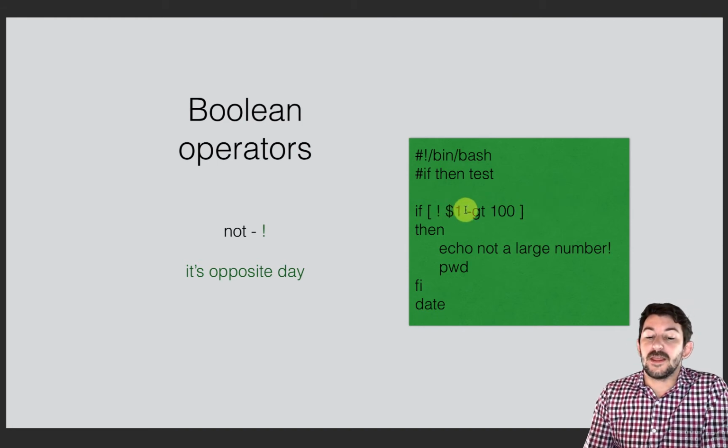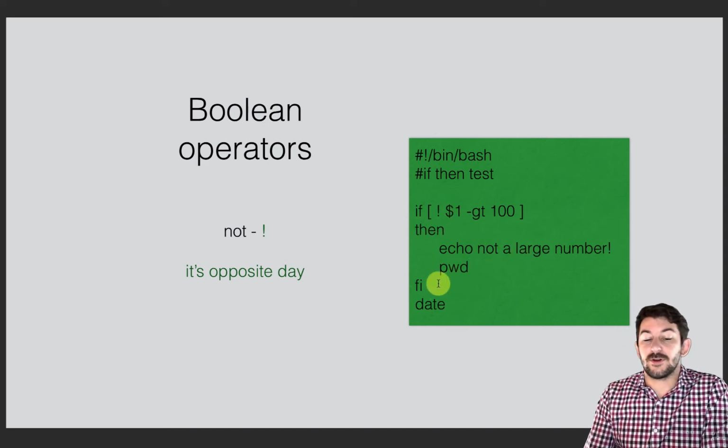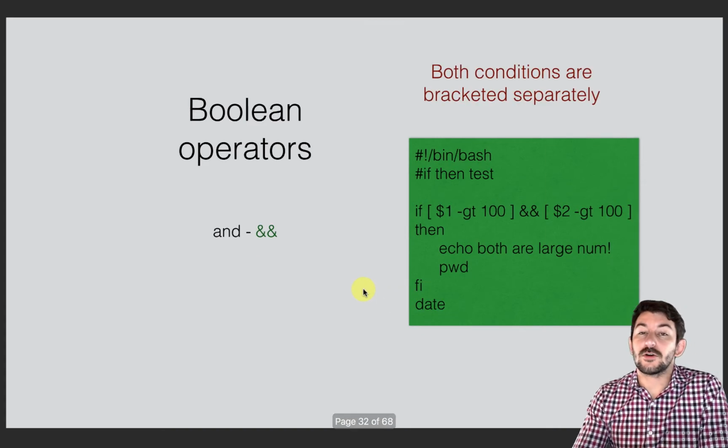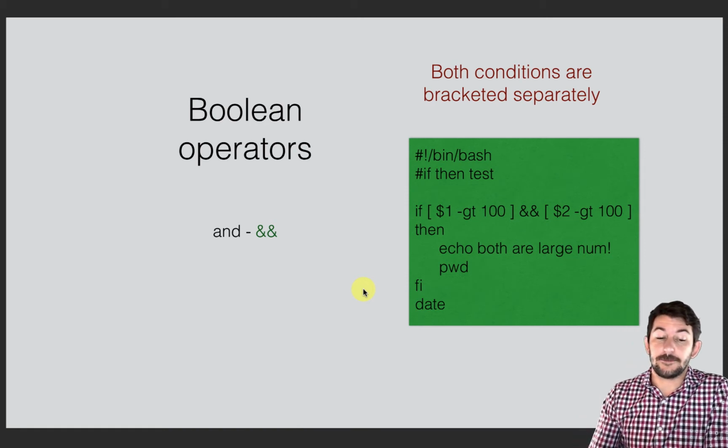So here, if you put 90, it would pass this as true and go to the then statement. So 90, it would be then echo not a large number, present working directory, finish, okay? You could also have two conditions required to be met to pass down that then statement pathway.